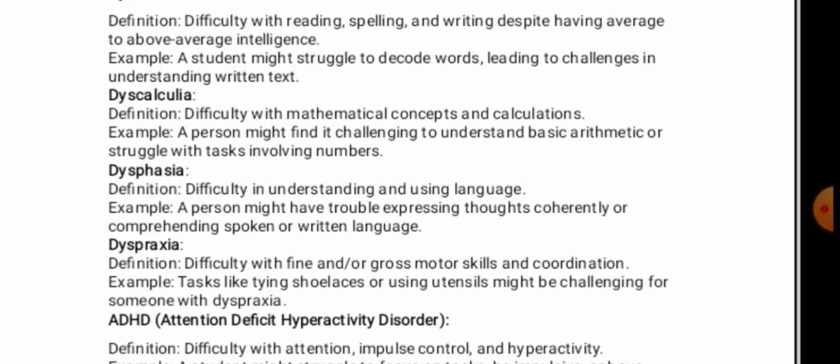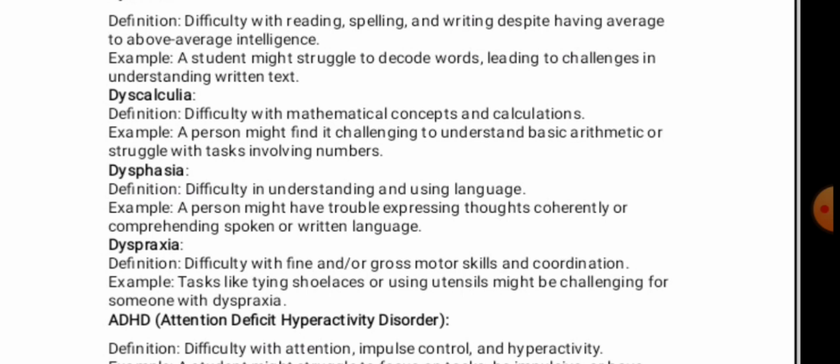Let us talk about another type, that is dyscalculia. By the word itself you understand what it involves: the ability of calculation. Let us see: difficulty with mathematical concepts and calculation.